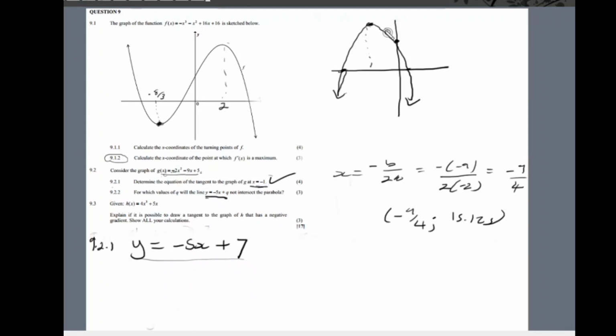So somewhere there is our tangent. It intersects the graph at x equals minus 1, right? And that tangent intersects the y-axis at y equals 7, right? So now notice the line y equals minus 5x plus q has the same gradient of minus 5.